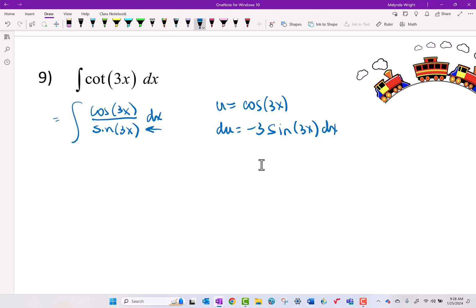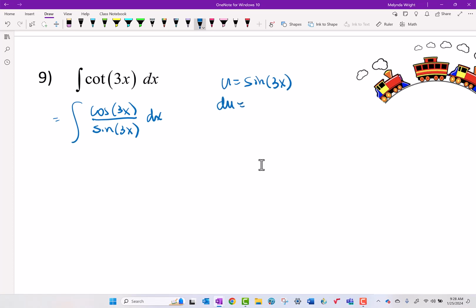That's not okay. Are you with me? I know sine is in the denominator, but that's not really sine. That's 1 over sine. So this is not possible. We cannot do that. So our only choice is to go to the denominator like we talked about before. So u is going to be sine 3x.